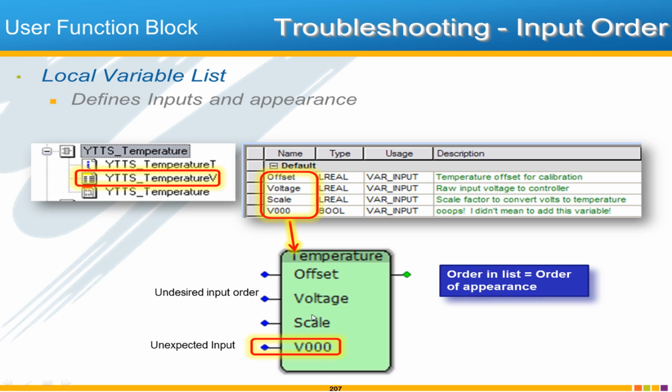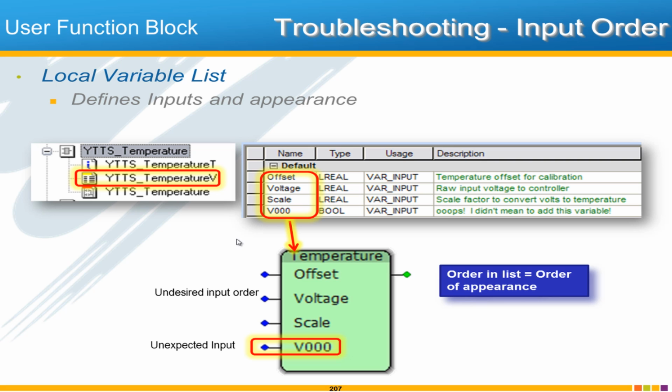And if you have any type of stray input variable, then it's likely that it exists in the variable list. So if you have a variable in the variable list, look in your POU. I'm using temperature here, YTTS temperature as my example. Look in that variable list, open it up, and if there's something that maybe you typed by mistake, just delete it, and you'll have to then recompile.